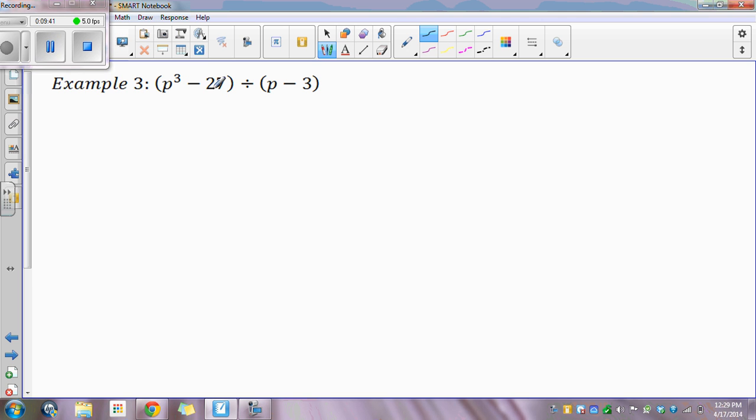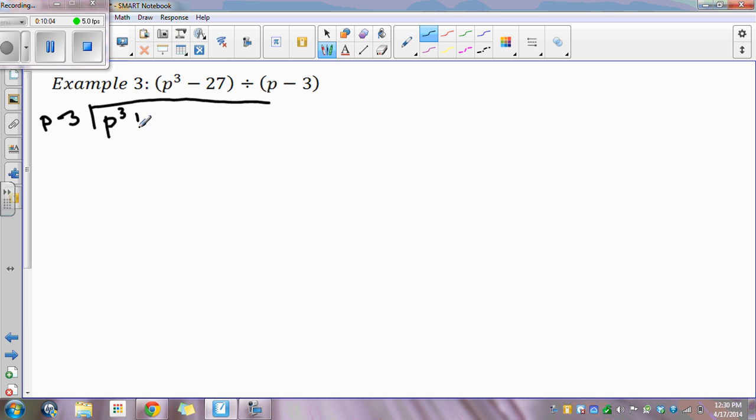Here's a good example because we'll have to use placeholders. I want to set it up with long division, but then we're going to solve it with synthetic division. So if we were going to set this up with long division, we would start with p minus 3 on the outside. And then when we started writing our long division problem, we would see that, okay, p cubed, that's fine. Uh-oh, there isn't a p squared.